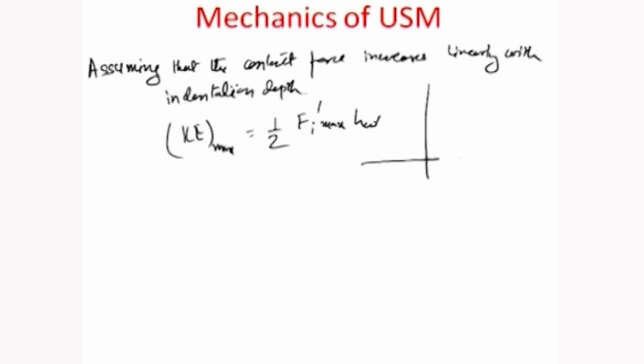If you remember the plot here, in this graph let us say we assume that Fi dash is linearly varying with respect to the depth of indentation Hw dash. Mind you, we are using different subscripts here just to differentiate it from the case of direct impact, where Fi average and Hw were the two subscripts used.